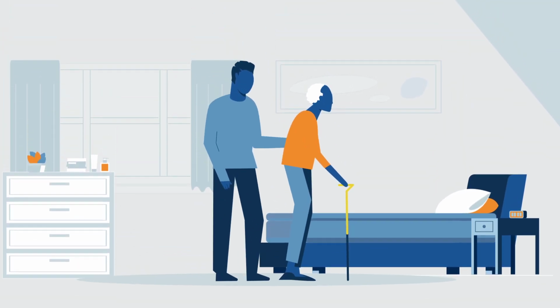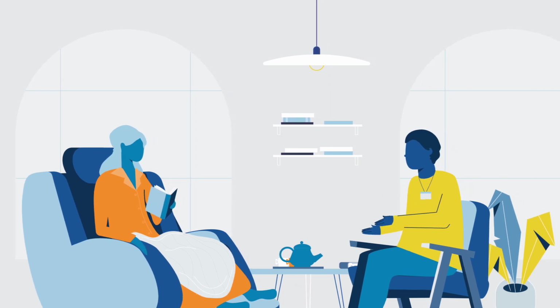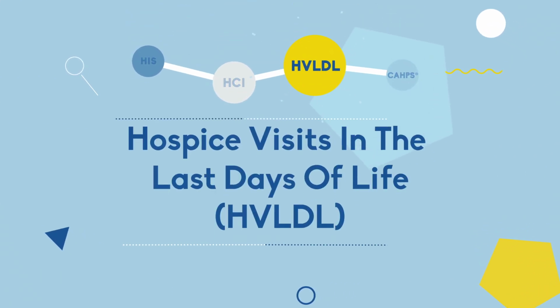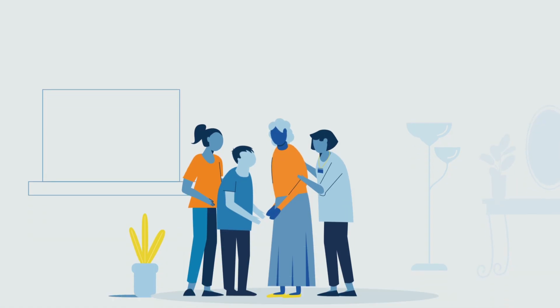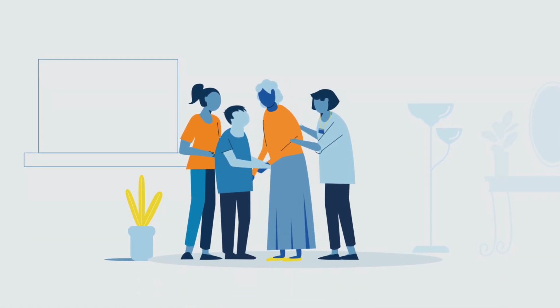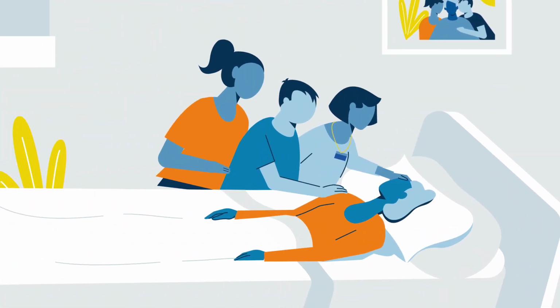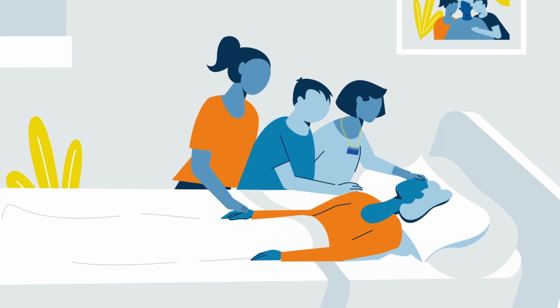The next HQRP measure, reflecting care provided at the end of life, is the Claims-Based Hospice Visits in the Last Days of Life, or the HVLDL. HVLDL helps to identify whether hospices provide visits that meet the needs of patients and their caregivers during this critical period of hospice care, the last days of life.